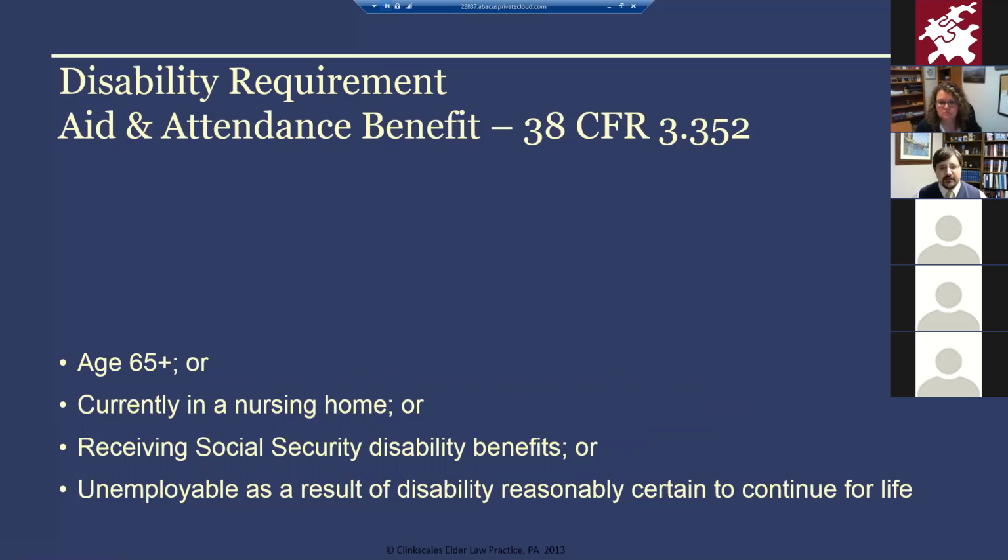So this is probably the one that you're going to see the most, especially if someone is currently in a nursing home. For their income requirement, their medical bills, which is all of the nursing home or skilled care bills, count against their income, and that makes them eligible under the income requirement.